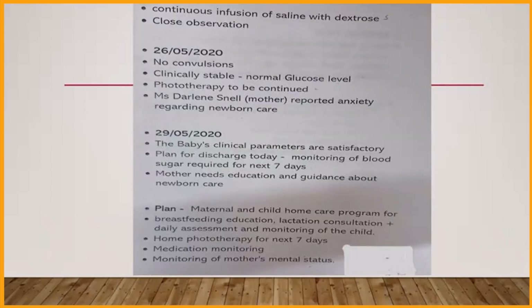Yeah, monitoring required for blood sugar. Mother needs education. What about the plan? What has to be written? All are important, isn't it? Okay, you all agree? Yes, ma'am. I thought this was important.